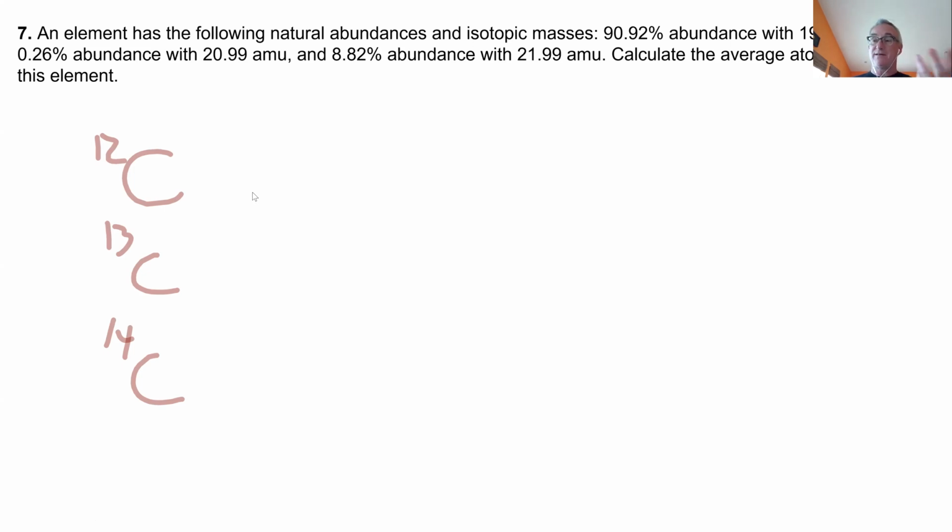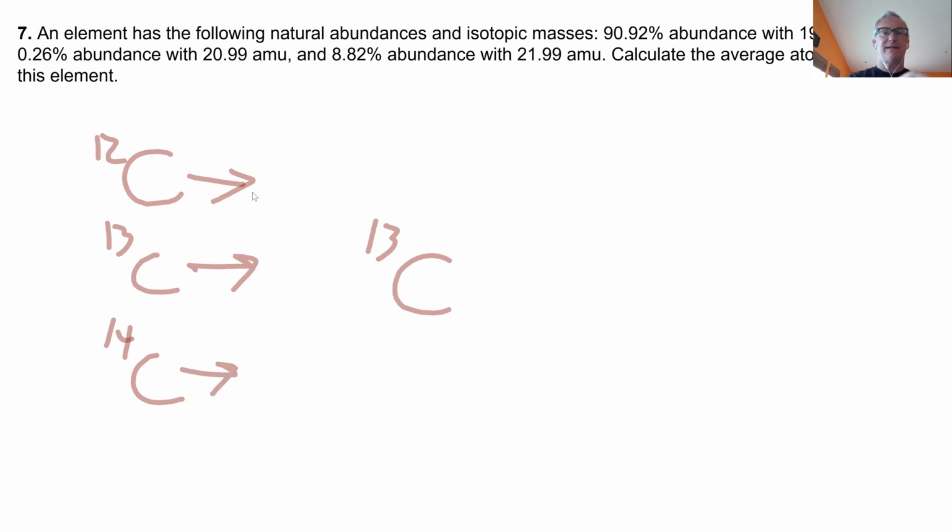But when we consider the average mass of carbon, we don't just add 12, 13, and 14 and come up with 13. That isn't the average mass of carbon. Why? Because almost all of carbon is 12, a smaller amount is 13, and a really small amount is 14.